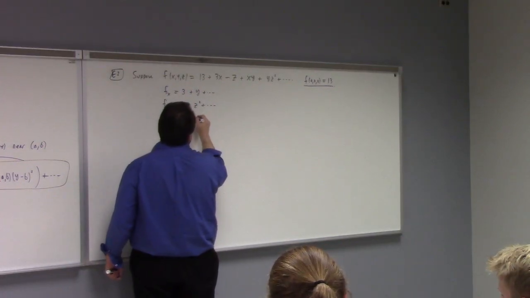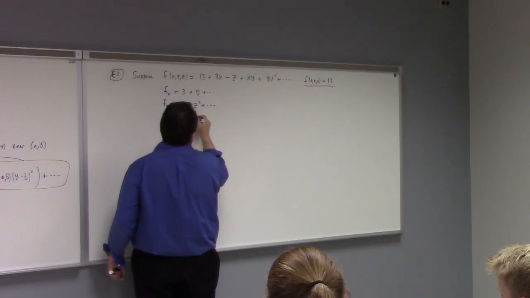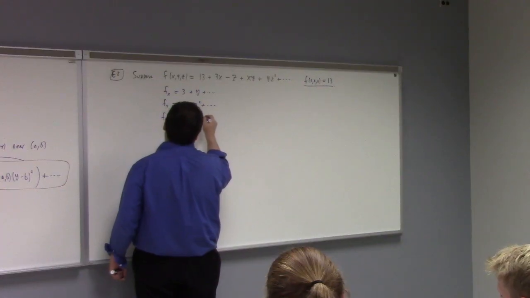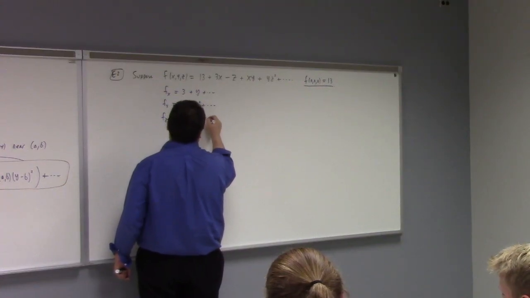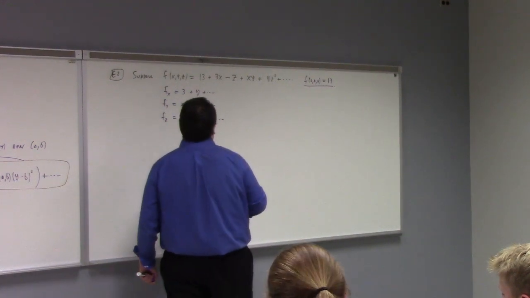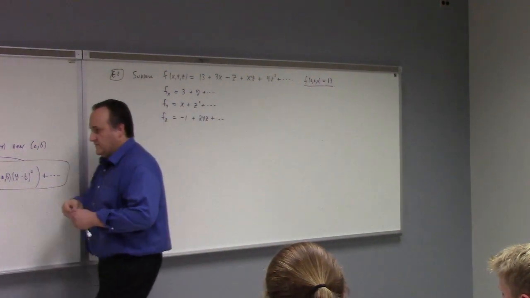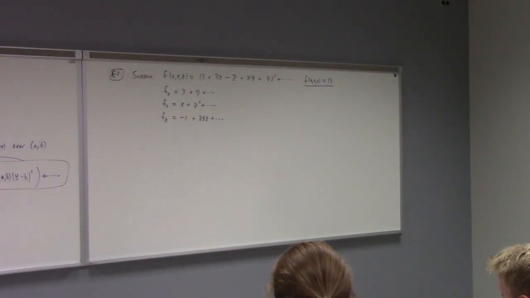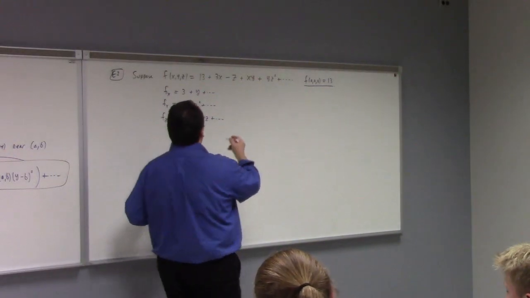Negative, plus, not y, but 2yz, right? Plus stuff, all right. So from those three things I just wrote, you guys tell me, what's the x derivative at 0? What's the y derivative at 0? What's the z derivative at 0?